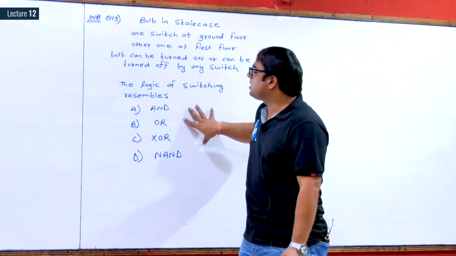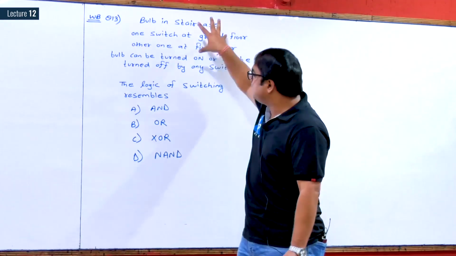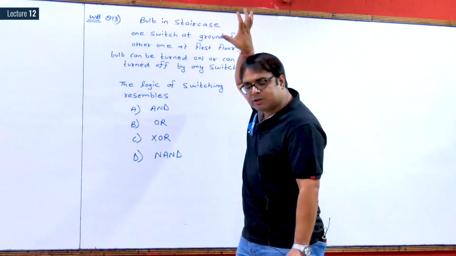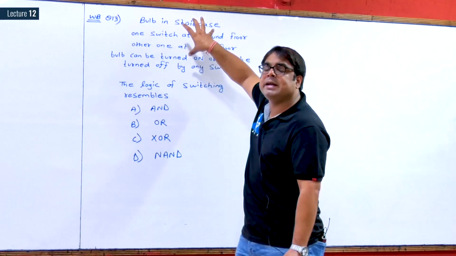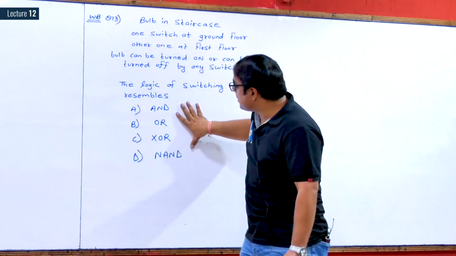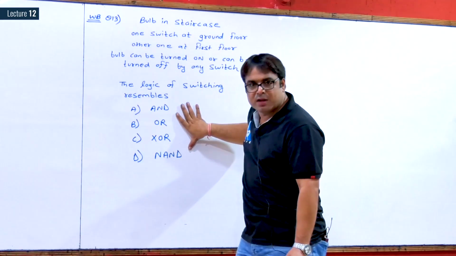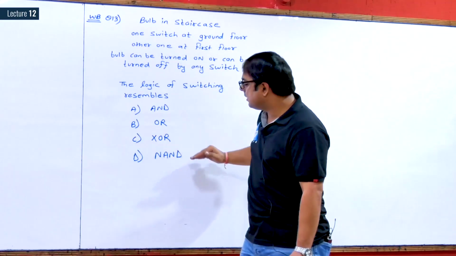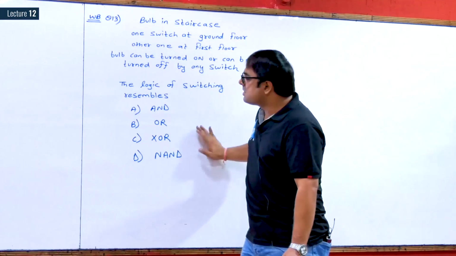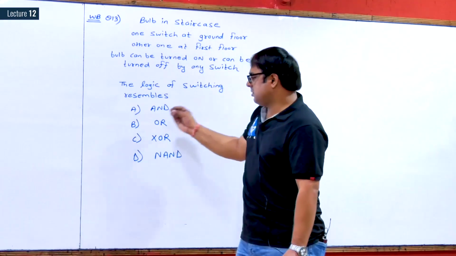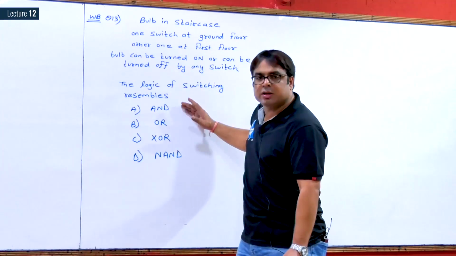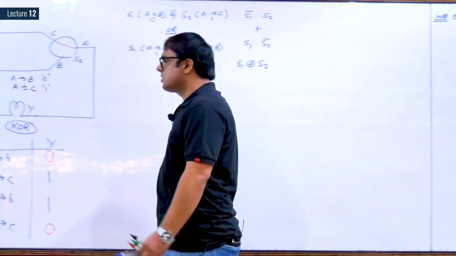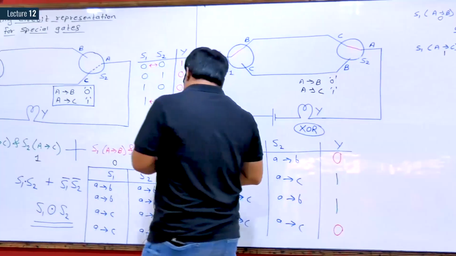So what logic is being implemented in this particular case? The logic being implemented here resembles the operation of which gate: AND, OR, XOR, NAND? Just before this question, what we have discussed will be used here.